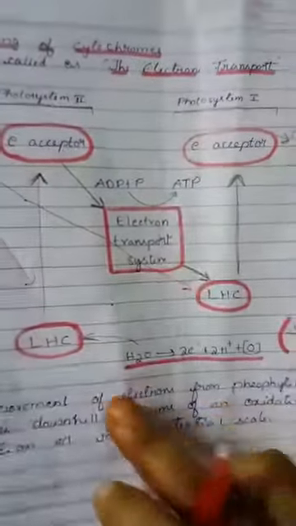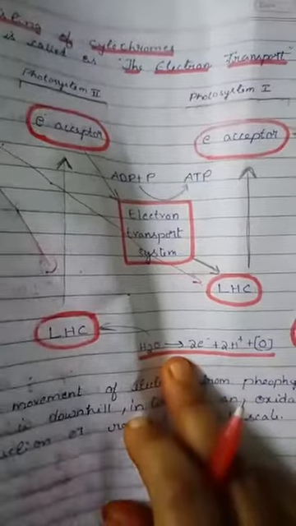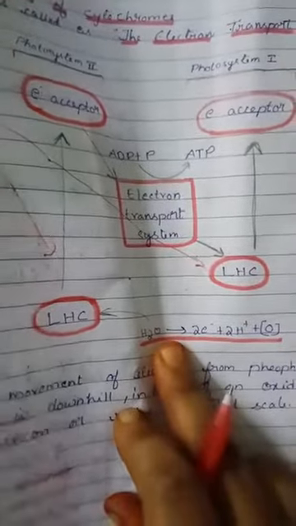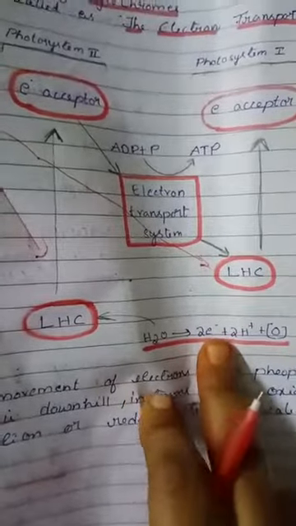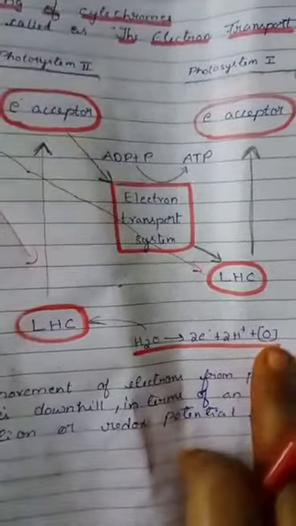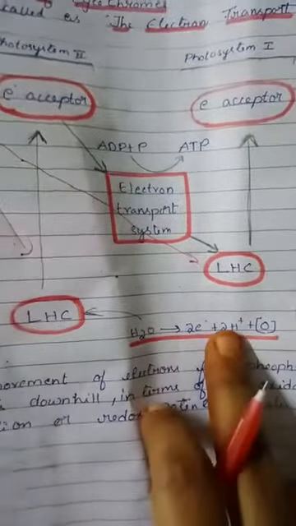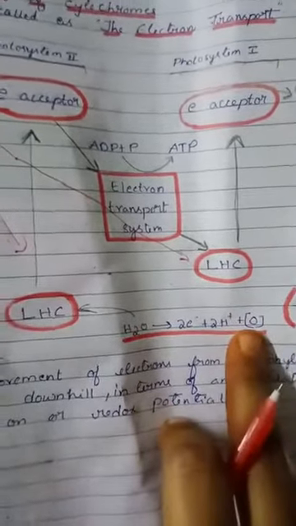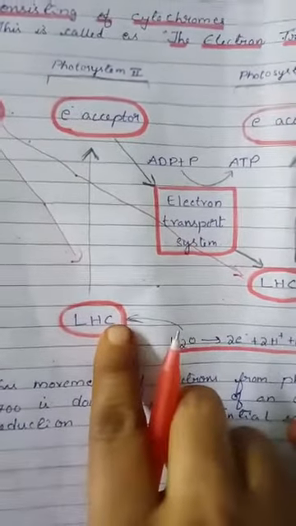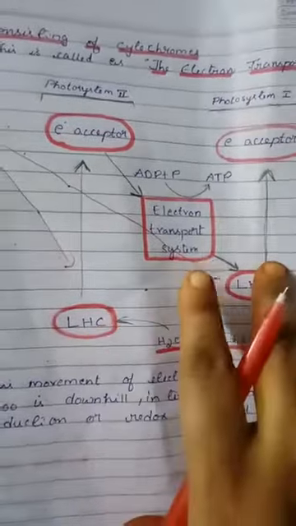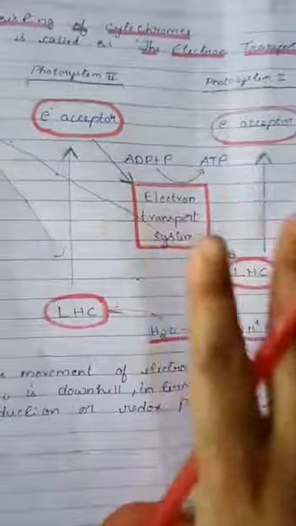And this one is the other, what I said, the splitting of water. Splitting of water, that is H2O, releases 2 electrons, hydrogen plus oxygen. Then again it moves to the LHC, the light harvesting complex. So this is what is done in the light reaction, children.